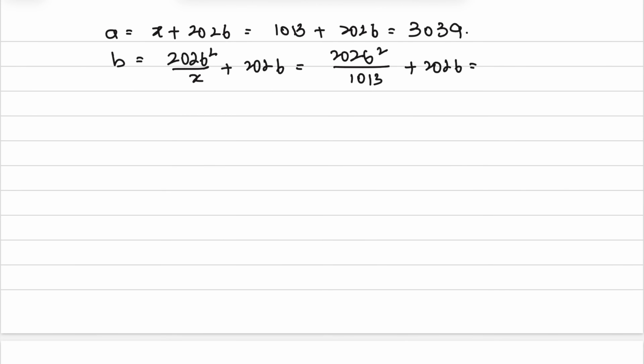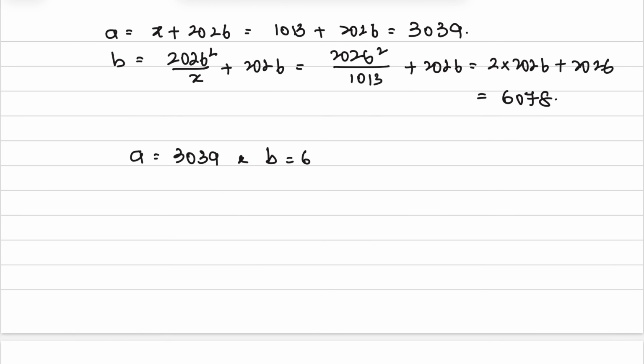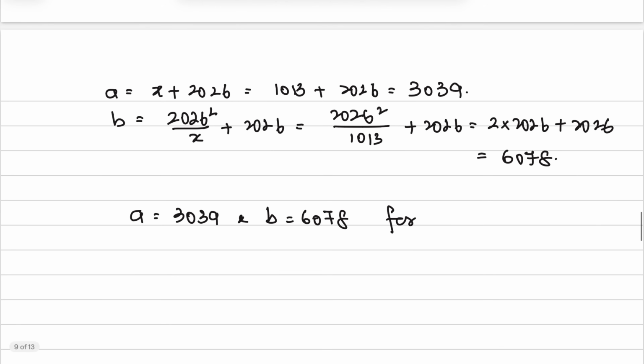That is equal to 2 into 2026 plus 2026, that is equal to 6078. That means A is equal to 3039 and B is equal to 6078 for x is equal to 1013.